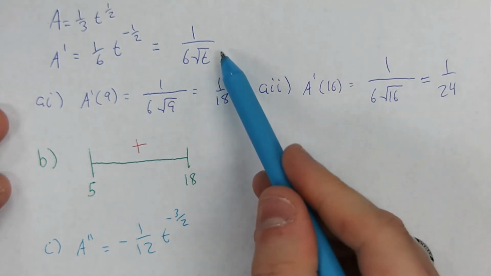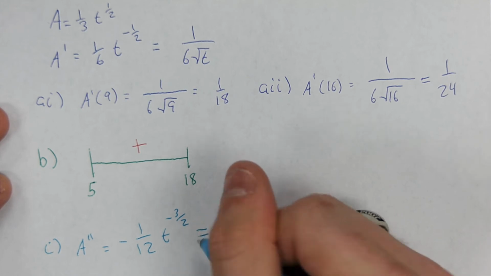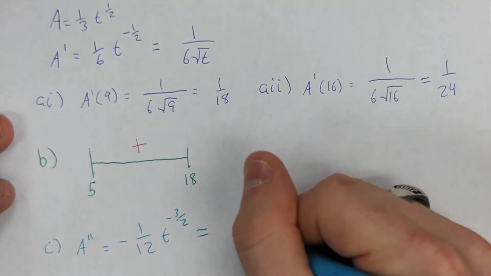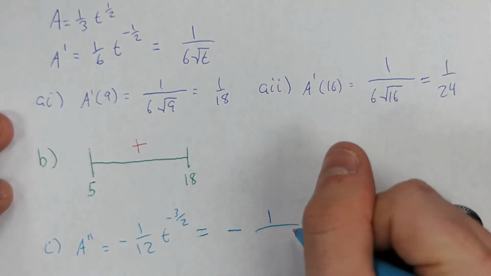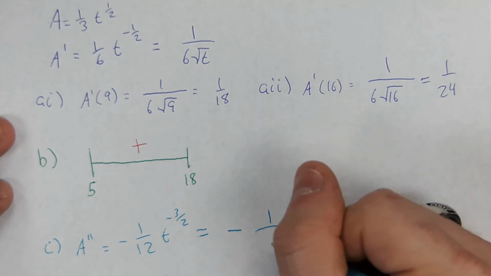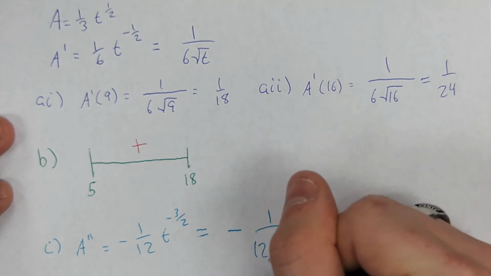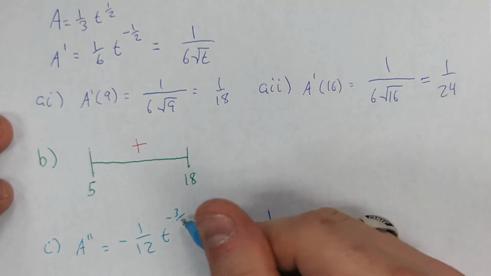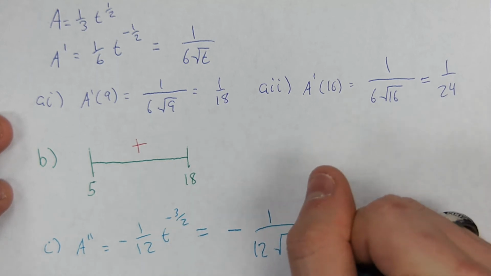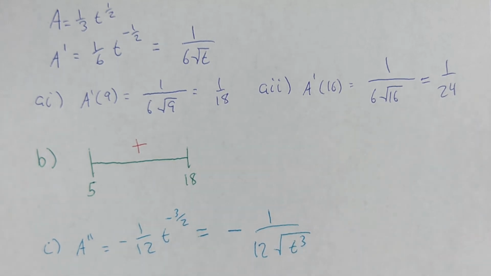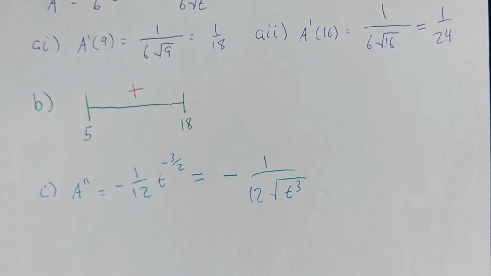And just like we did here, we're going to put that on the bottom of a fraction as a radical. So I have negative 1 over 12, and we can say the square root of t cubed. Like that. So how do we show that it's always negative?